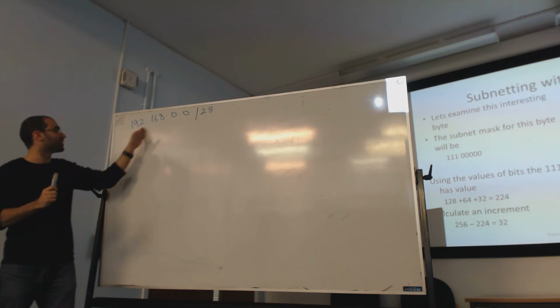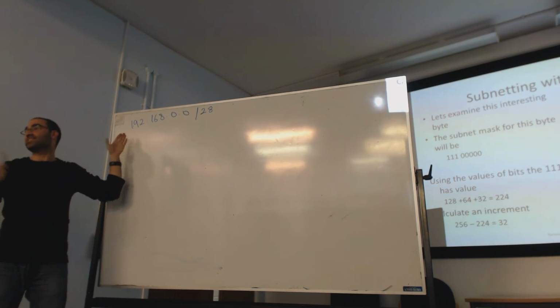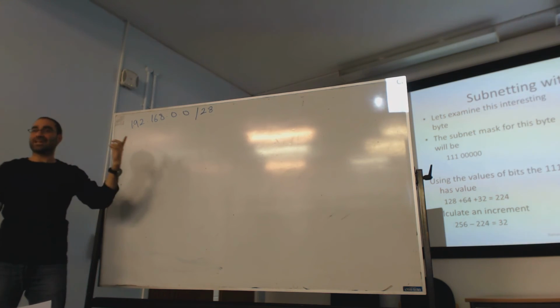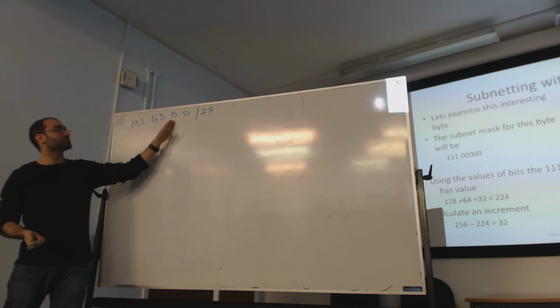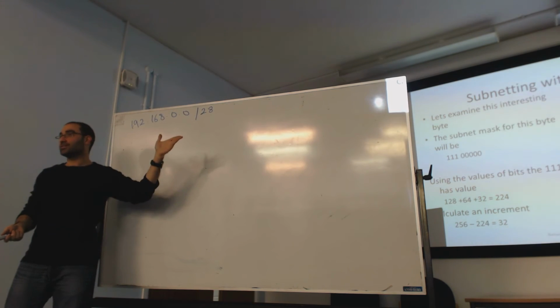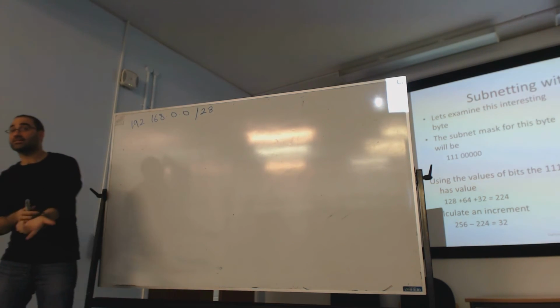First of all, what's this number? That's your IP address. Usually class C is network then hosts. Usually. The mask will define that.